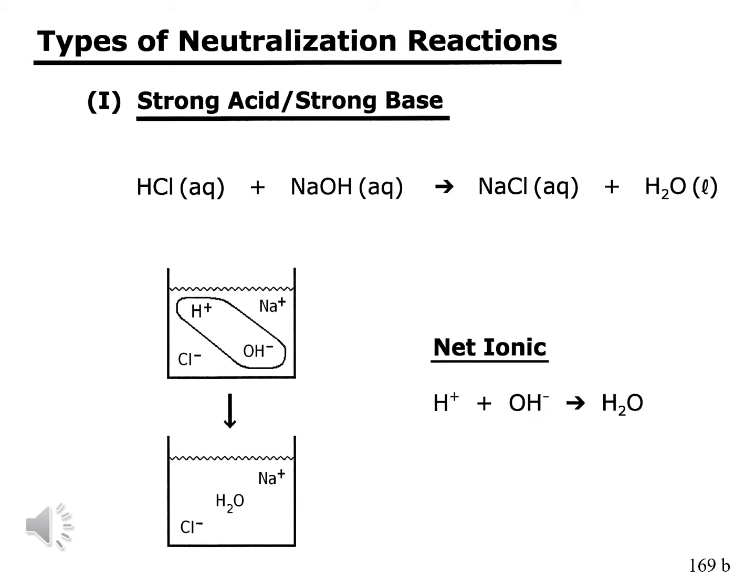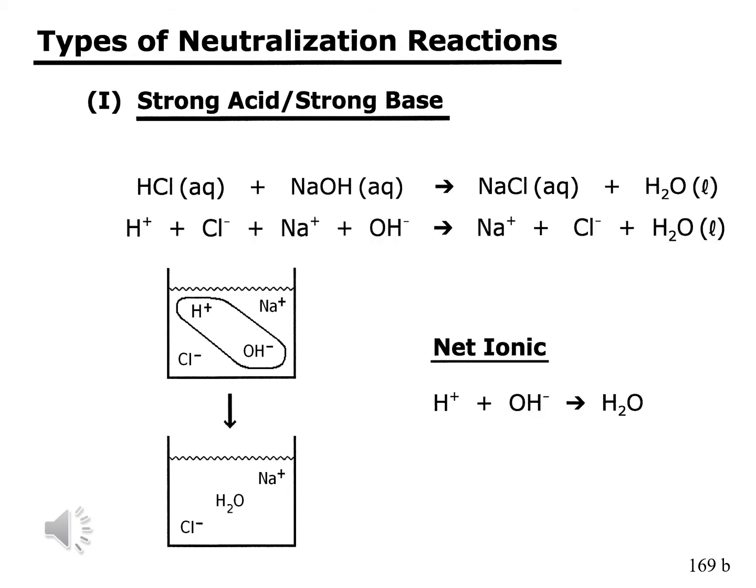The net ionic equation for this is just H plus reacting with OH minus because the other two ions are spectators. If you split the ions apart, you can see that HCl, NaOH, and NaCl all split apart, but you're not going to split apart the water because it exists as molecules.